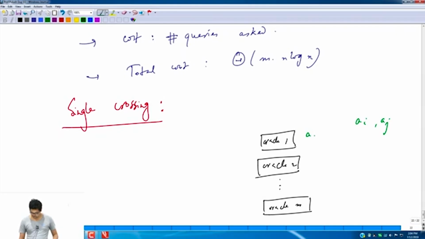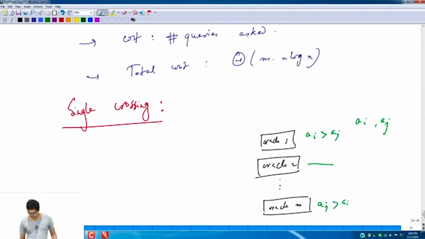Either they are all telling the same thing, or if they are telling different things, then suppose oracle 1 is telling AI is greater than AJ, and suppose oracle M is telling AJ is greater than AI. Then there has to be some point where a transition happens from AI over AJ to AJ over AI, right?